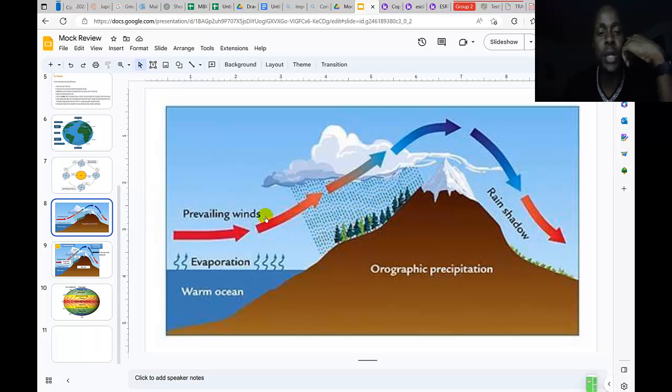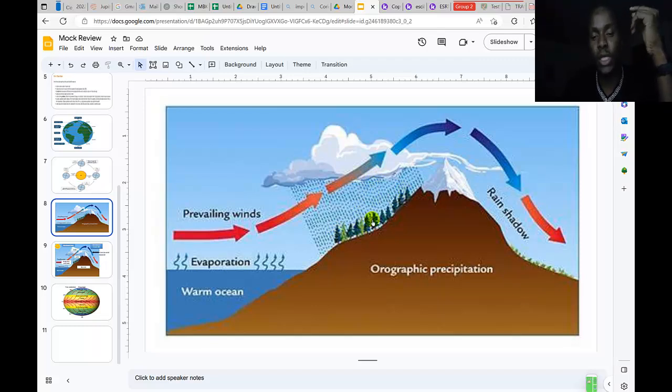So as a result, the moisture in the wind condenses because of the low temperature as the wind moves up the mountain. So the water vapor is condensed out of it, forming clouds. So one side of the mountain will have clouds, and eventually those clouds will give birth to the precipitation, the rain, on that side of the mountain. So that side of the mountain will be wet with a lot of green vegetation.